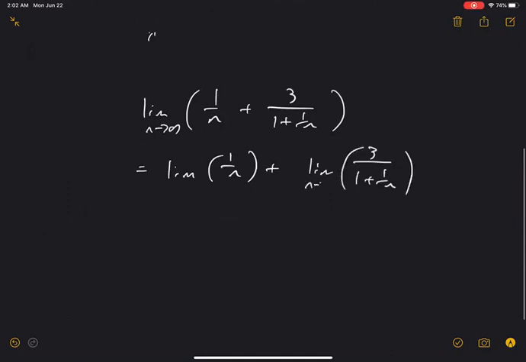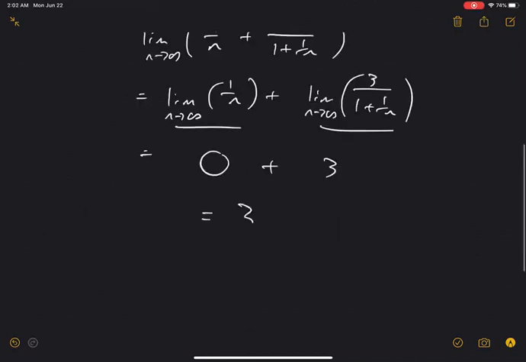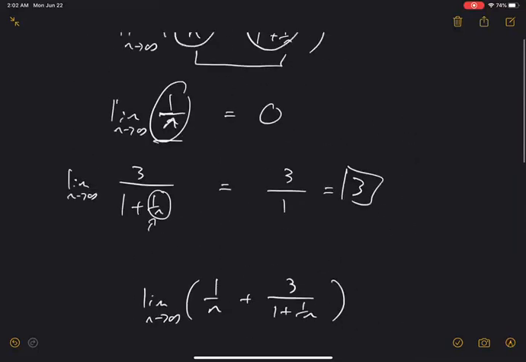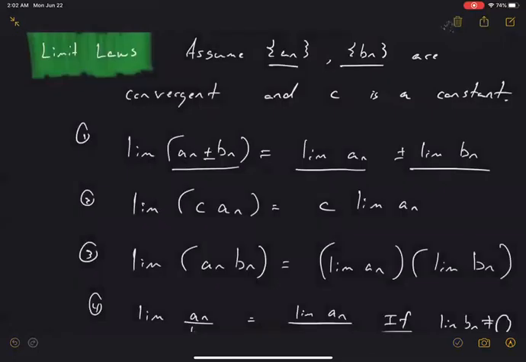Now I can consider these things individually. I know this first limit is 0. I know this second limit is 3. So this is how we apply that law or that rule. We did it for addition, but it also holds for subtraction, which is why I have the plus-minus here.